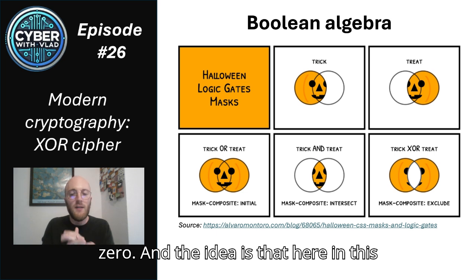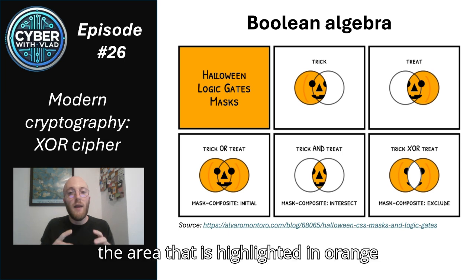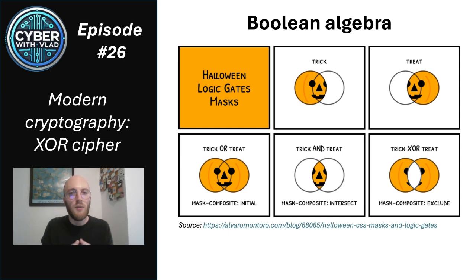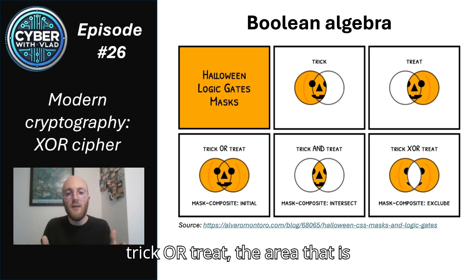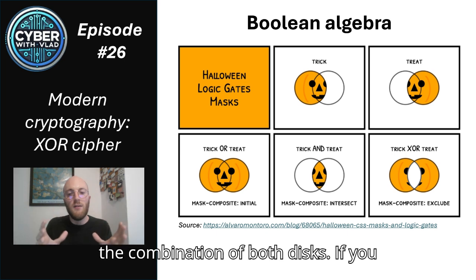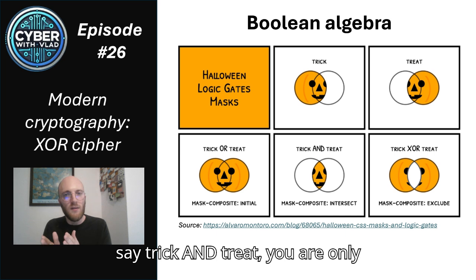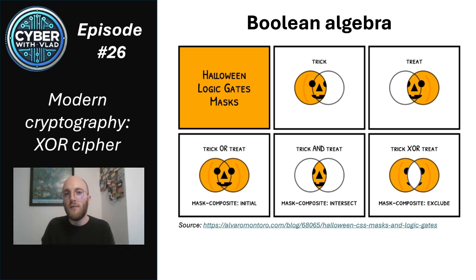In this small comic, the area that is highlighted in orange equals true, or equals one. So when we say trick or treat, the area that is true is basically the combination of both disks. If you say trick and treat, you are only referring to the intersection of both disks.